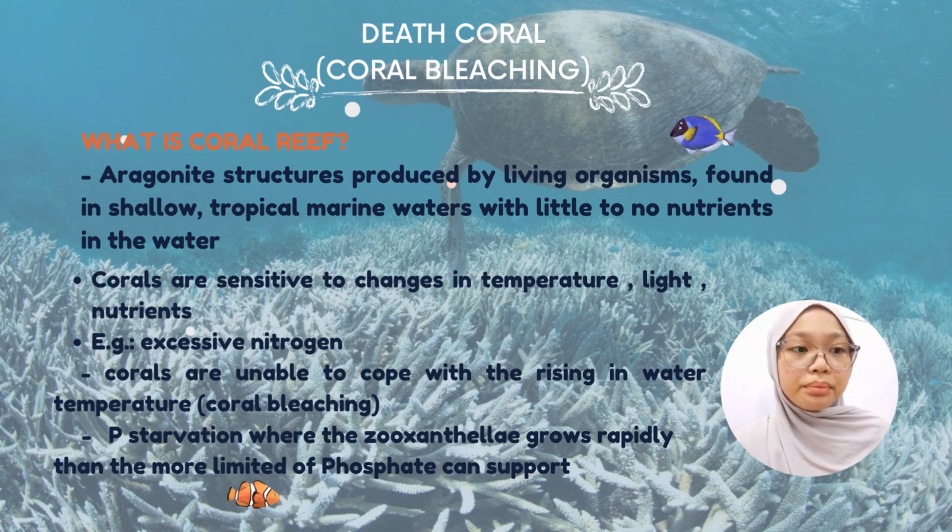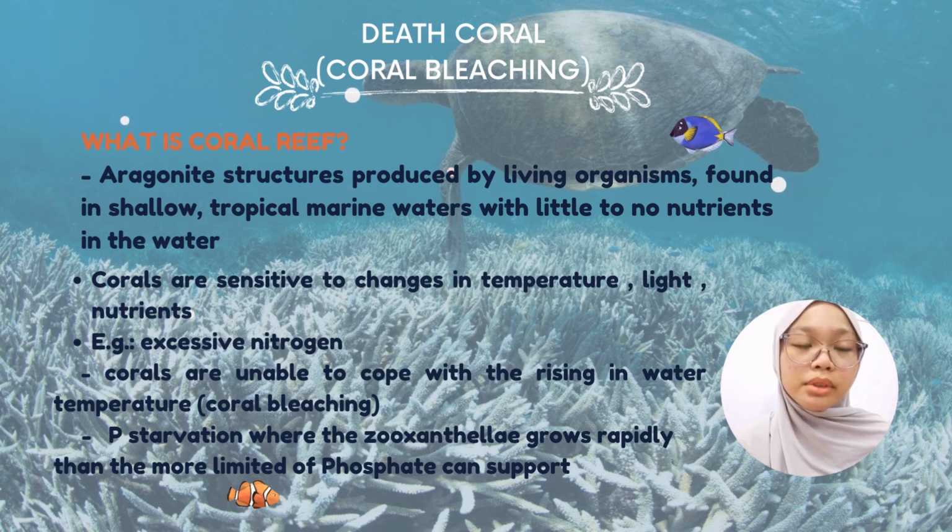Therefore, we need to know that corals are very sensitive to changes in temperature, light, and nutrients. So first of all, we need to know what a coral reef is. Coral reefs are irregular structures produced by living organisms found in shallow tropical marine waters with little to no nutrients in the water.